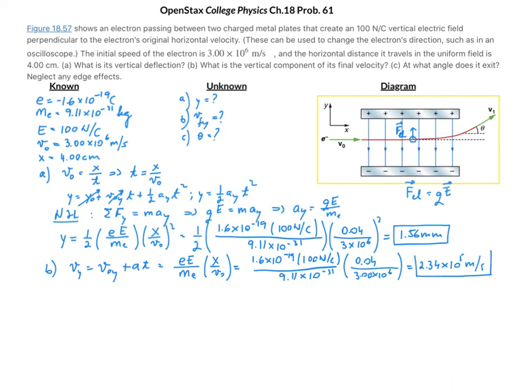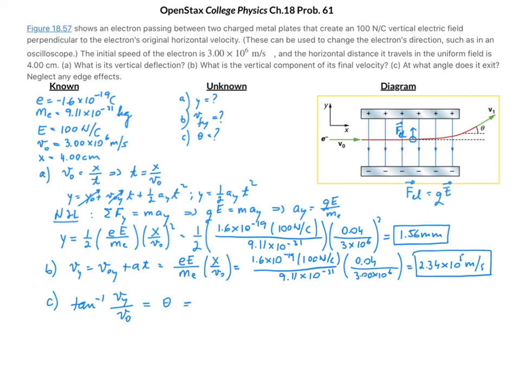So now we know the velocity in the y direction, and we know that the velocity in the x direction has not changed because there was no acceleration in the x direction. So that means that we can figure out the angle by just doing inverse tangent of v y divided by v x, which was just v naught.